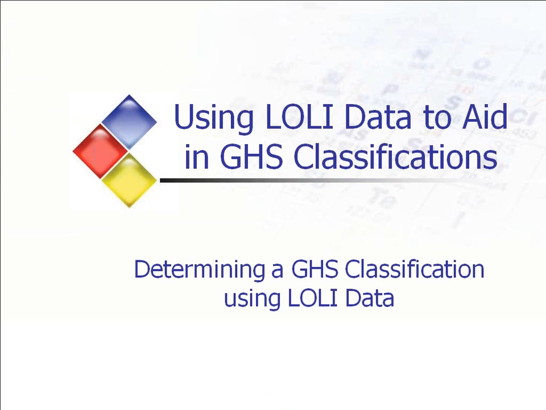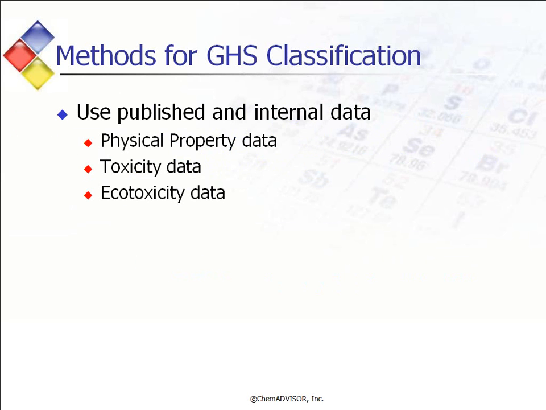So, determining a GHS classification using the data. We've done the query. So now for actually doing the classification, just highlighting here, for the GHS classification we need to use published as well as your internal data.